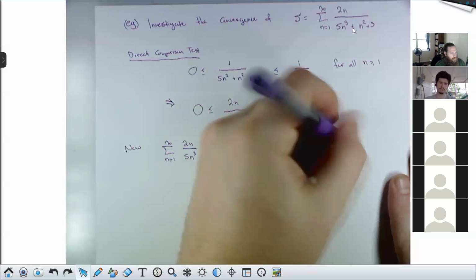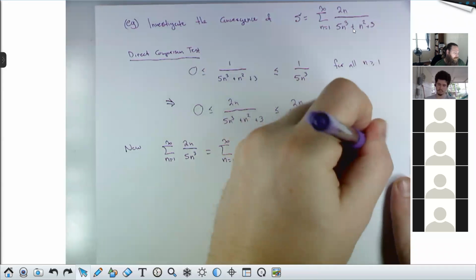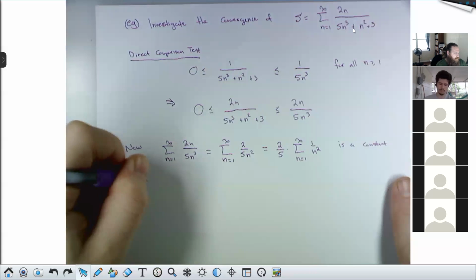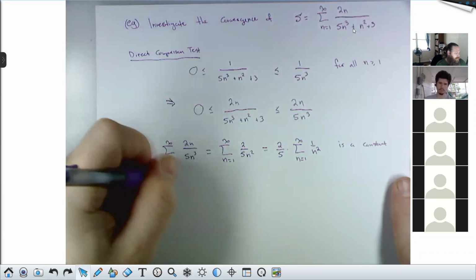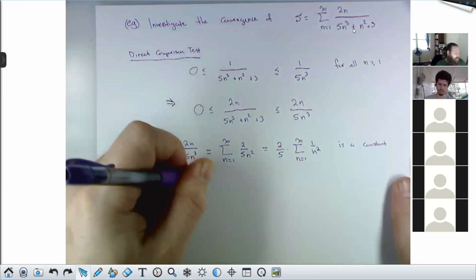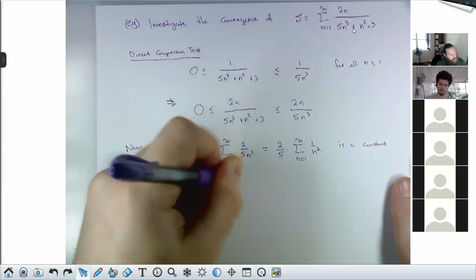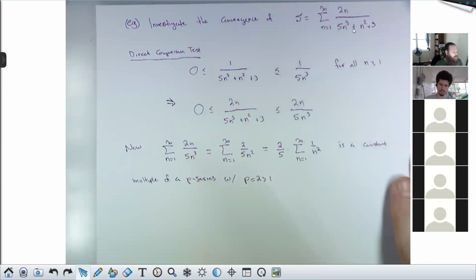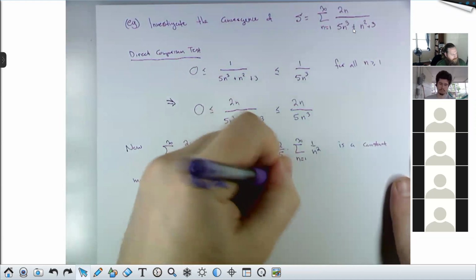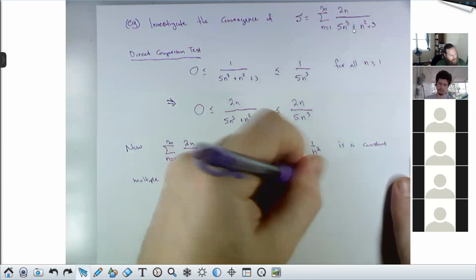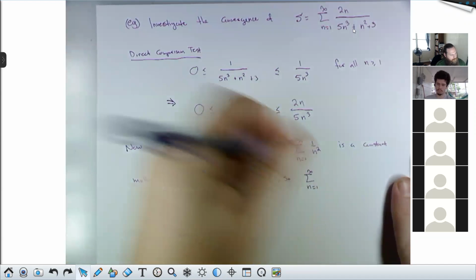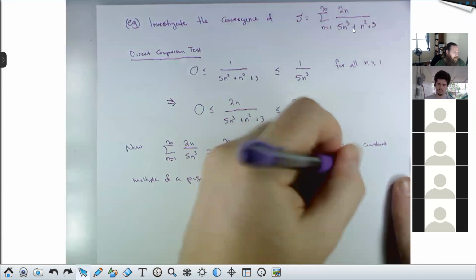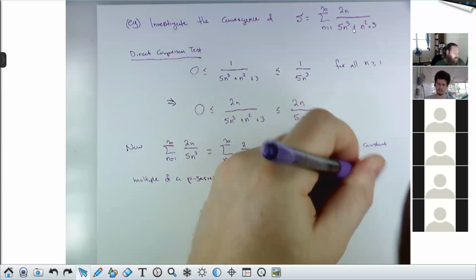It's a constant multiple of a p-series. And that p-series has p equal to 2, which is bigger than 1. So the sum from n equals 1 to infinity of 2n over 5n cubed converges.